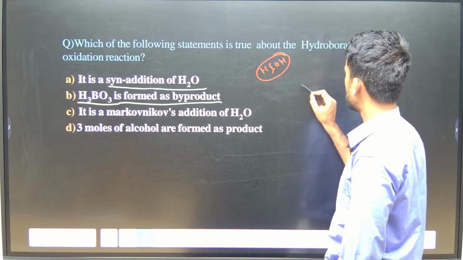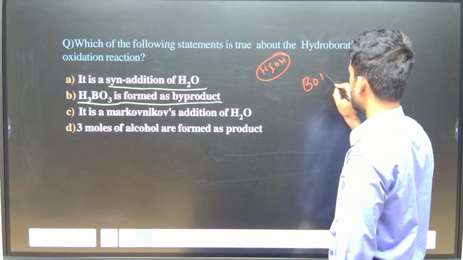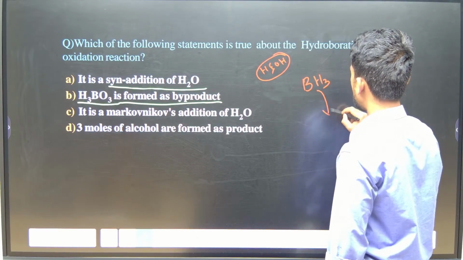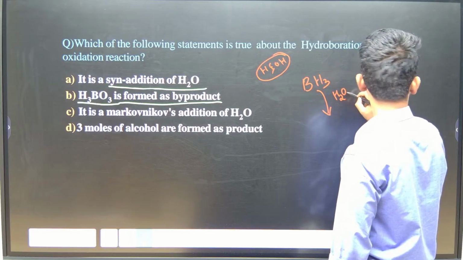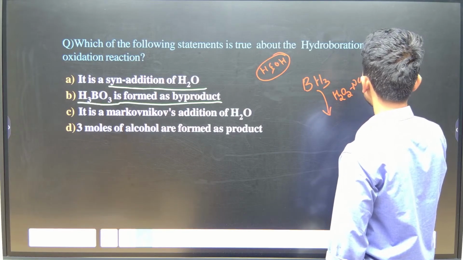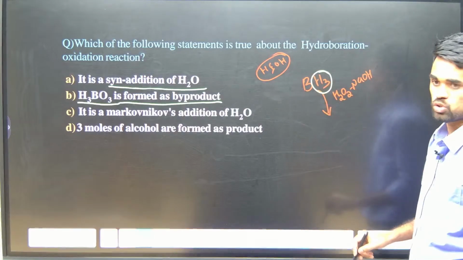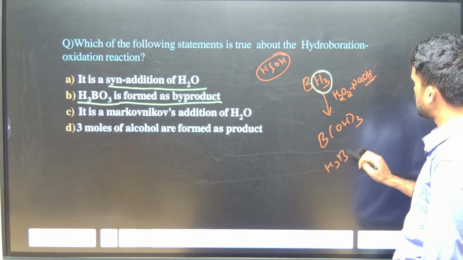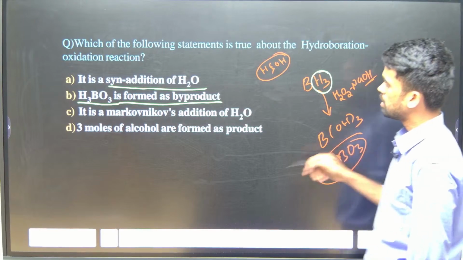Yes, see, we got this BOH now, BH3, right? This is treated with the H2O2 NaOH mixture. Each time it gives one hydrogen and that is replaced by an OH group. So BOH thrice, you can write this as H3BO3. Yes, this is the byproduct.